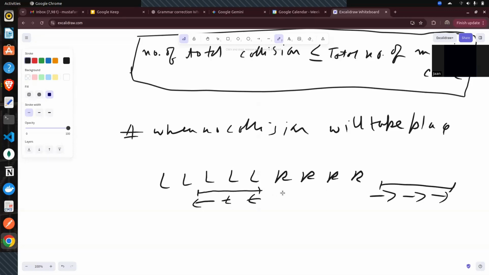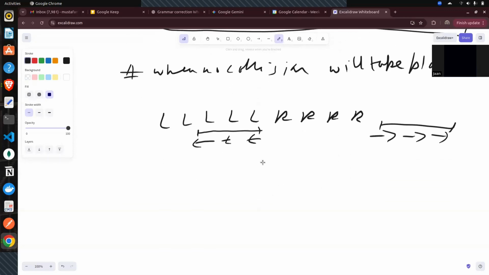So the condition of collision is that from the left side, the car should move in the right direction, and from the right side, the car should move in the left direction.